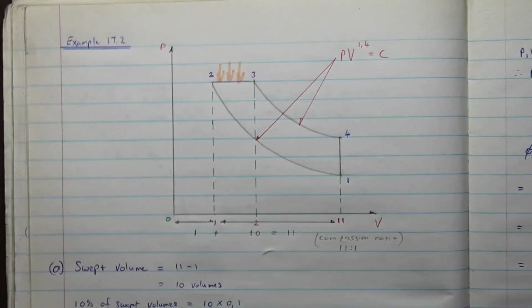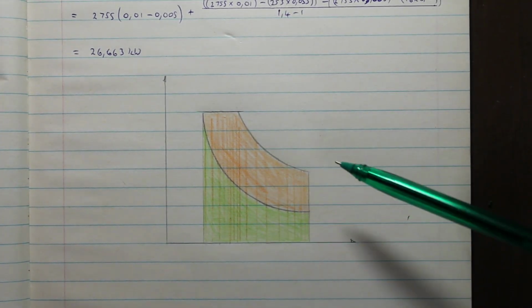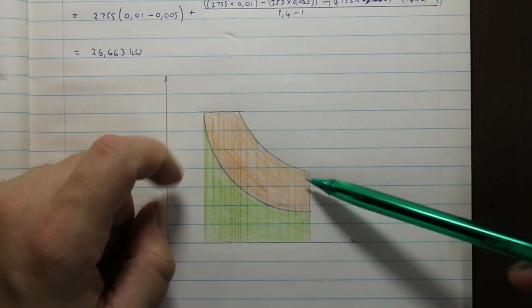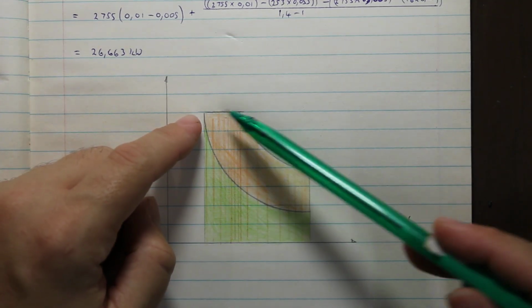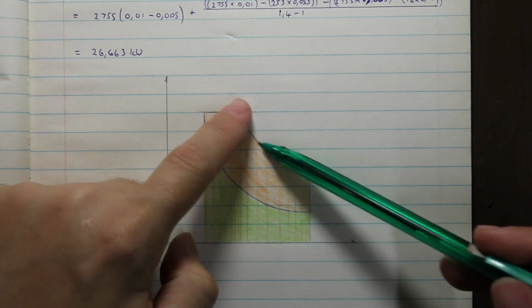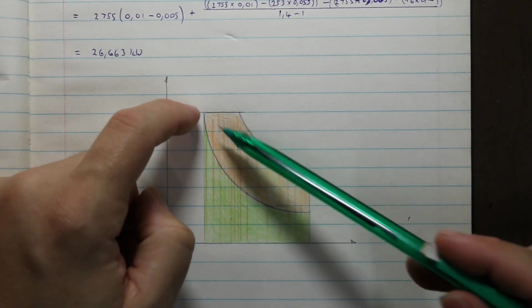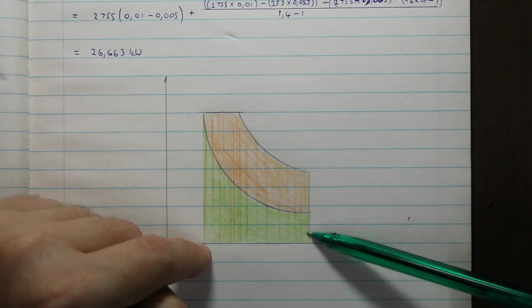Okay, and what I've done is, you can see here, I hope you can see that, they overlap each other. So the orange, that's point 2 to 3 to 4. That's this whole section, right? And then your work in is just the green section there.